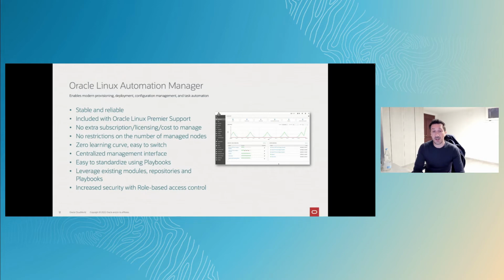And you also have increased security, right, with role-based access control. But again, you can create as many users as you want or need, and decide which kind of permissions, which kind of grants those users are going to get on a solution like Oracle Linux Automation Manager.